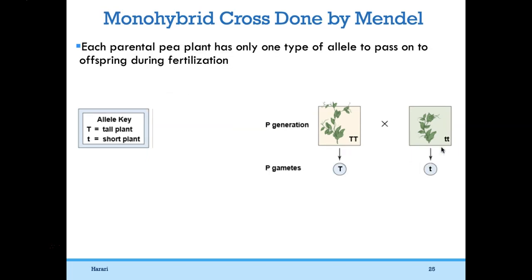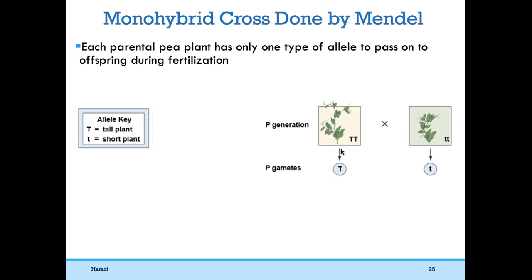So now let's try to visualize what's actually going on here. Each parental pea plant has to undergo meiosis to produce gametes. So what kind of gamete could be formed? Well, this plant has 1 copy of big T from mom, 1 from dad. It only has 1 choice.